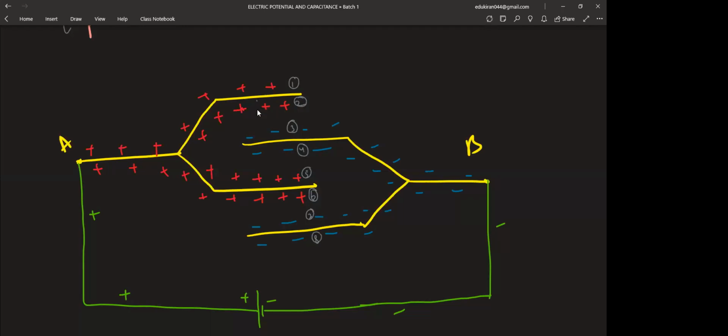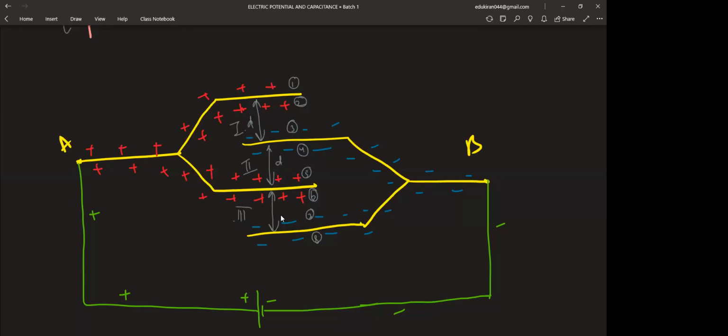Opposite signs. This makes one capacitor. Let's say their separation is T. This is one capacitor formed. Look at the fourth plate and fifth plate: negative, positive. One more capacitor is formed, with separation T. Look at the sixth and seventh plates. They are also making a capacitor.